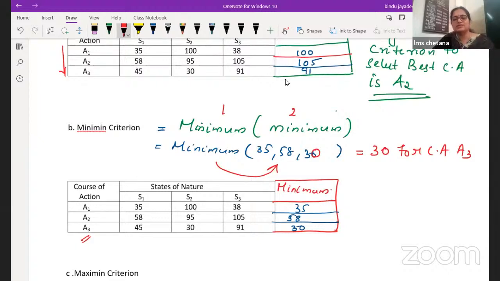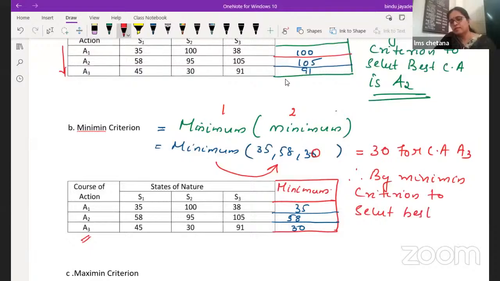Then the last sentence. Therefore, by Minimin criterion to select best course of action is A3, underline. 3 marks question. Therefore, these two combined will give you 6 marks.